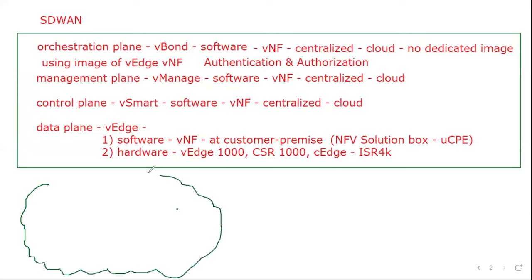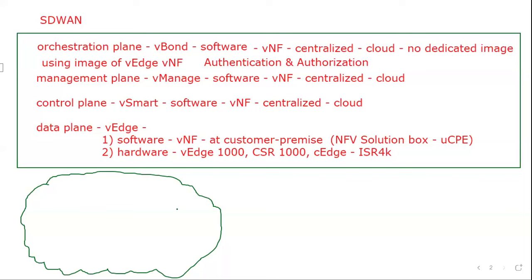Universal CPE is a box provided by the vendor, which is a kind of white box. It's hardware, but with no dependency on the vendor. You can install any software on this universal CPE. For example, if we buy an ISR router, you must have the ISR image available to run that particular router.